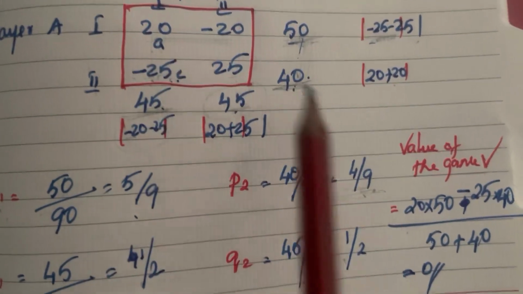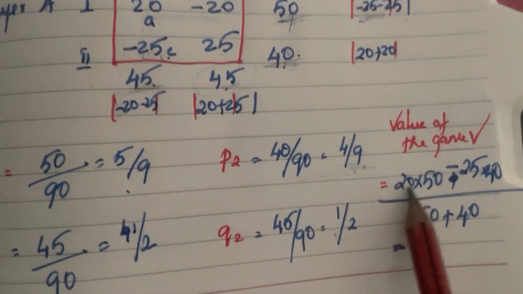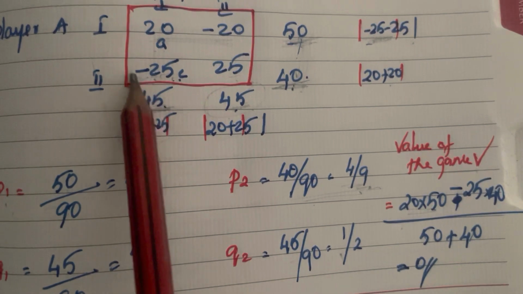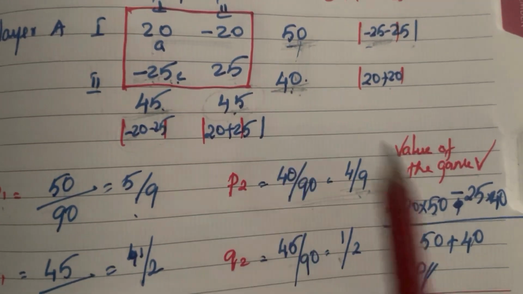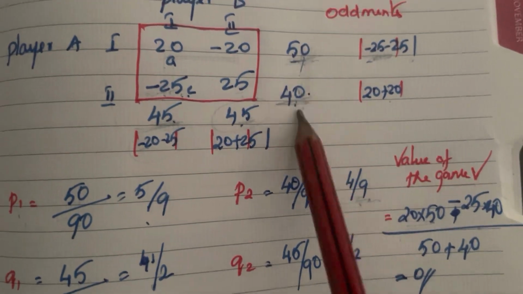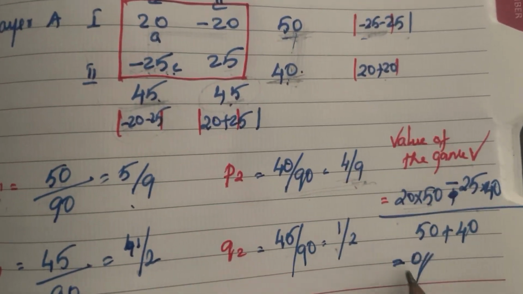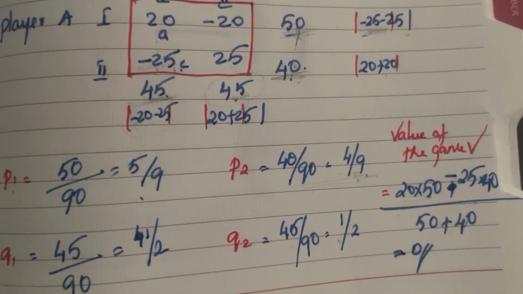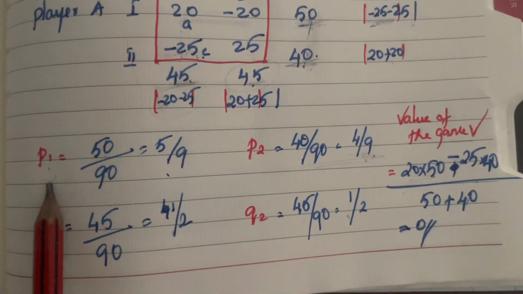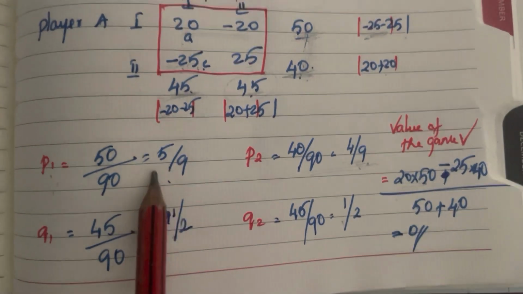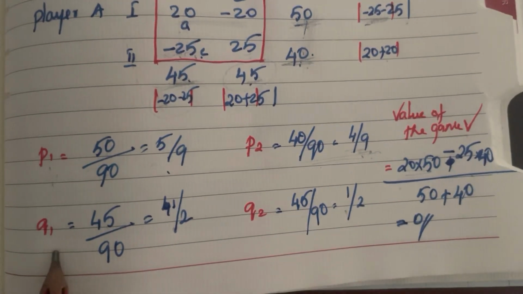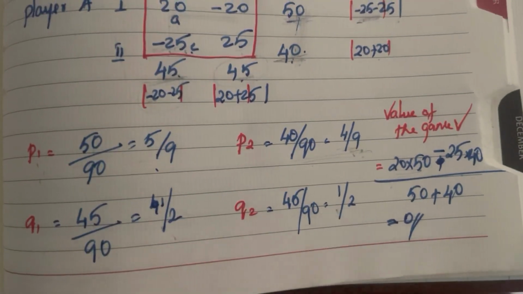So 20 into 50, and we need to add, so this value is minus, so minus 25 into 40. This is going to be the numerator, and these two are going to be the denominator. So once you apply it, it is going to be 0. So the value of the game is going to be 0, and the strategy for player A is 5 by 9 comma 4 by 9, and the strategy for player B is 1 by 2 comma 1 by 2.